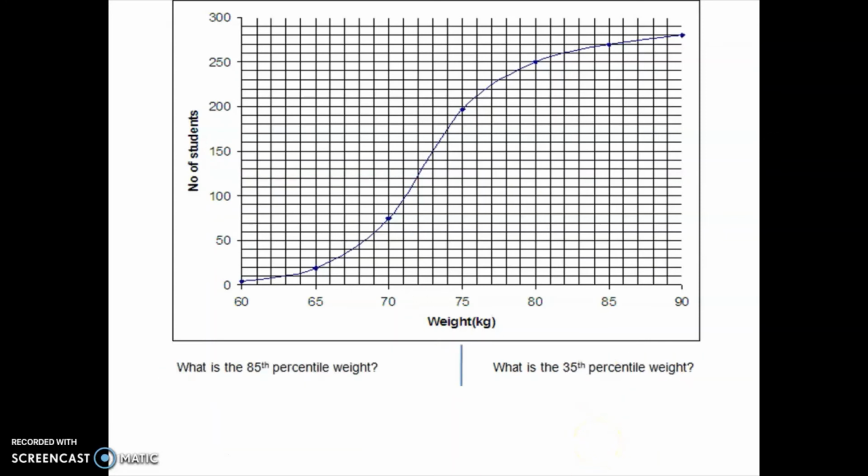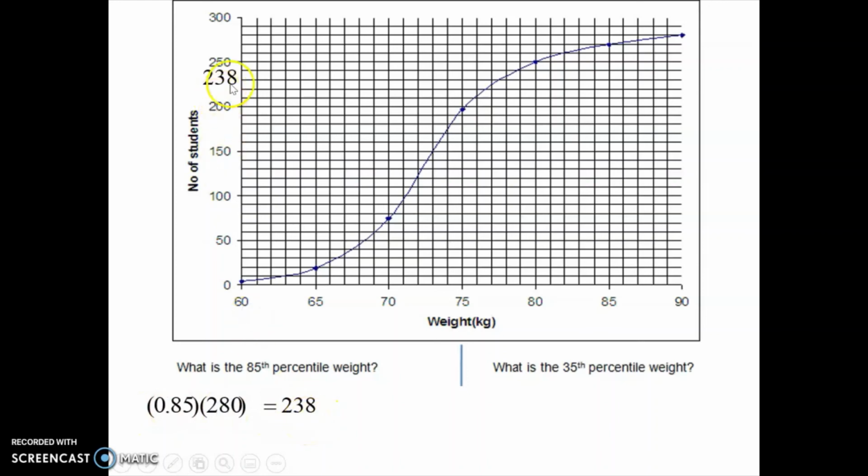Let's go to the next question. What is the 85th percentile weight? Now when you're given a percentile, you're looking at this axis again. Just like we were given Q1 or Q3 before, now we're given the 85th percentile. So you're saying 85% of the way through all the data. 0.85 times 280 tells us 238.